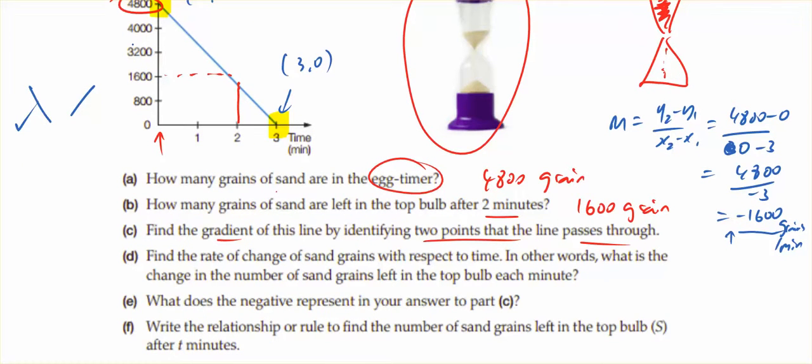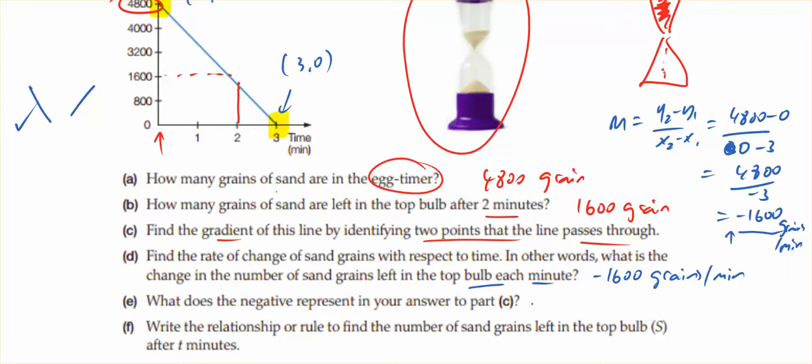D, find the rate of change of grains of sand with respect to time. In other words, what is the change in number of grains of sand at the top bulb each minute? So it's the rate of change, so negative 1,600 grains per minute. Again, it's a rate. What does the negative represent in your answer?